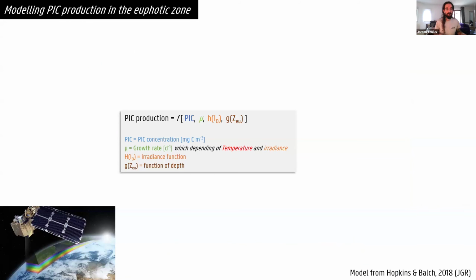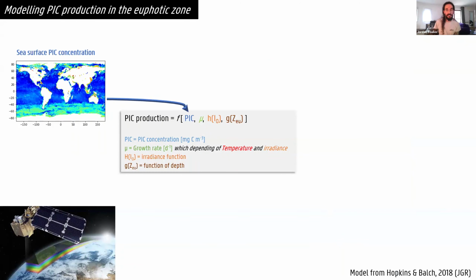In my work, I'm based on a satellite product to estimate PIC production at global scale. For this, I use a model adapted from Hopkins and Balch from 2018, from a paper. Inside this model, I need the sea surface PIC concentration based on remote sensing.